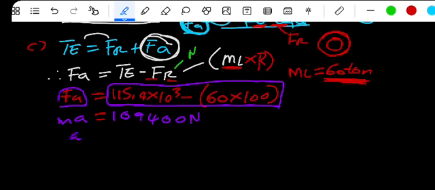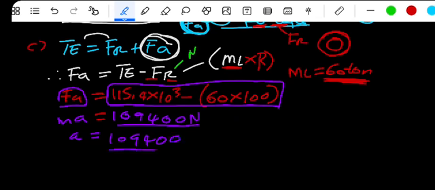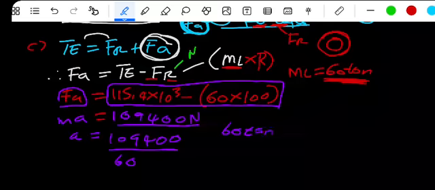Then A, we divide this by the mass: 109400, remember that it's in Newton, divided by the mass, which is 60. But remember, it was in tons, it was 60 tons. Convert it, the mass is not in tons, so multiply by 10 to the power of positive 3.